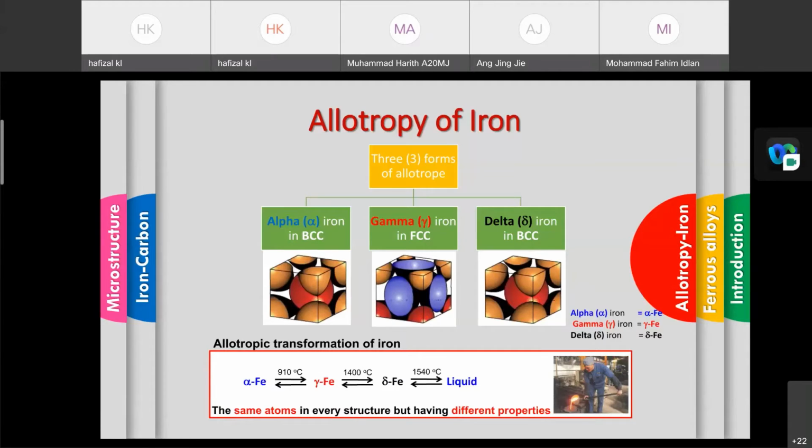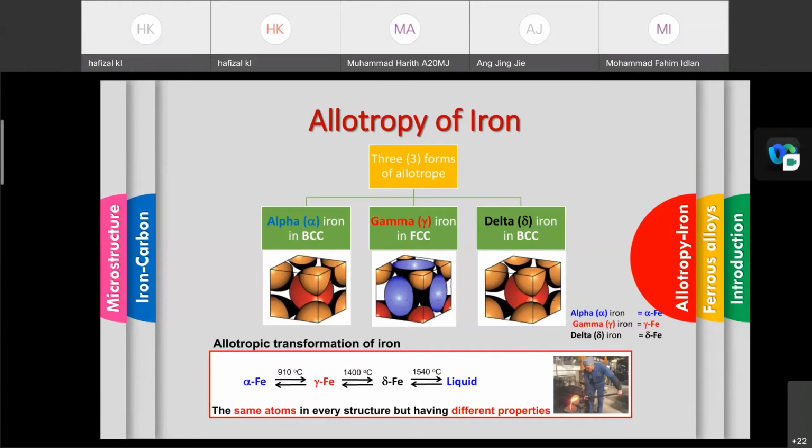Okay, in this case, the transition between 1540 and 1400 is the allotrope of delta iron. And then from 1400 to 910, there is gamma iron, and below 910, we have alpha iron or alpha ferrite.